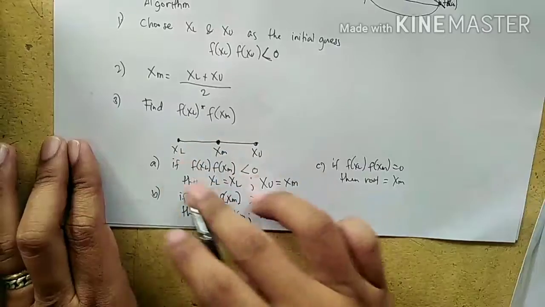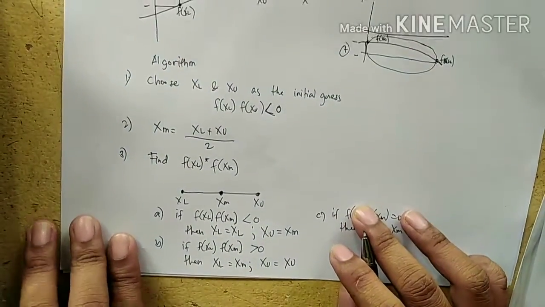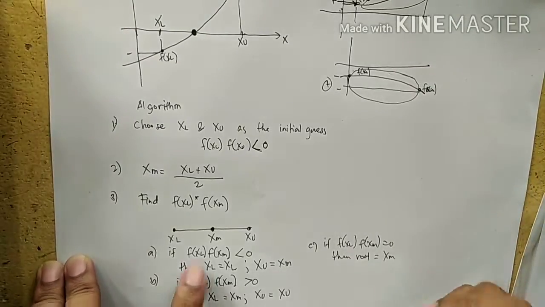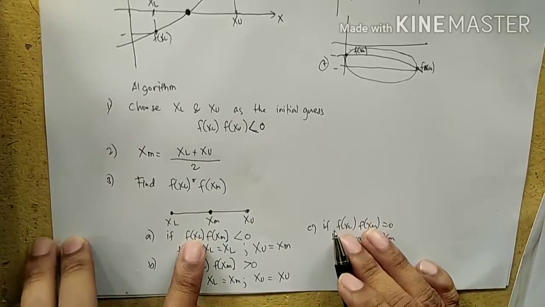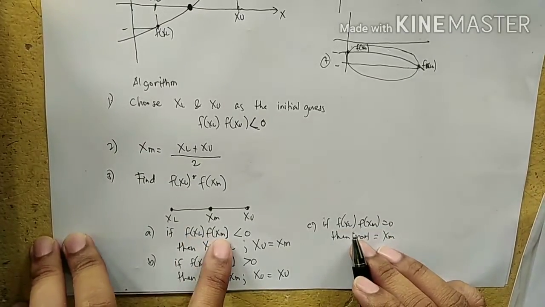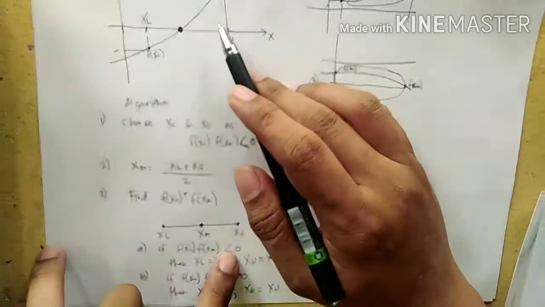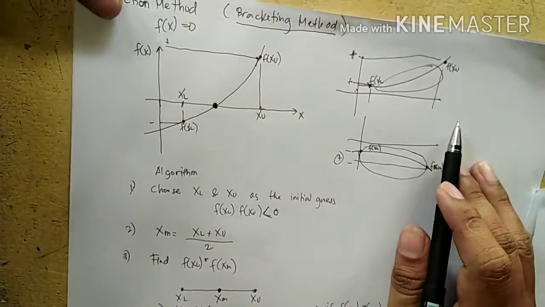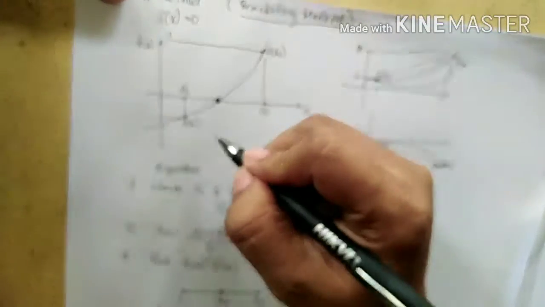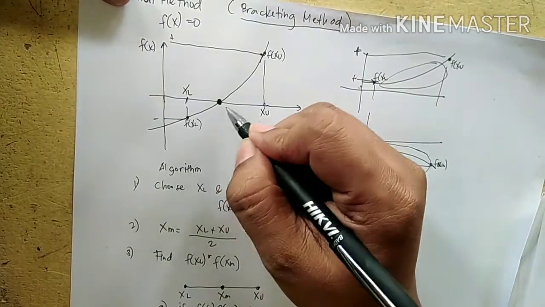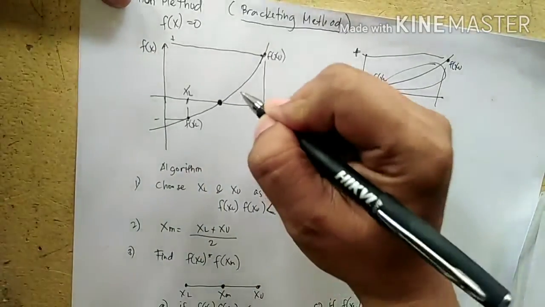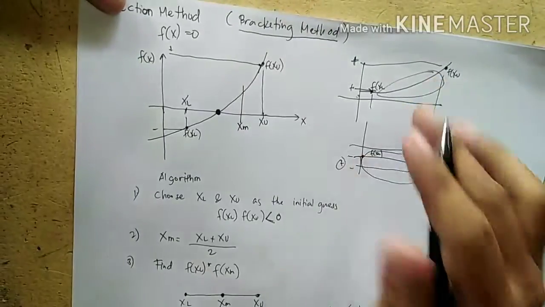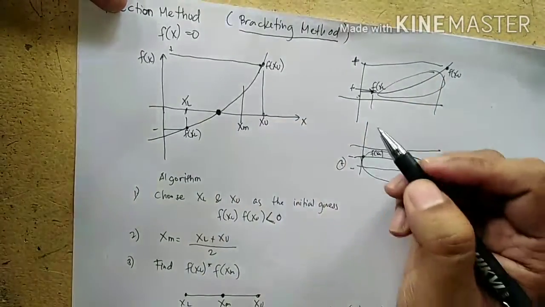This scenario is just like the explanation that I did with this one. As you can see, if f of x sub l times f of x sub m is less than 0, meaning there's a root in between. So in the bisection method, if you take the average, for example x sub m, this will be your new estimate.